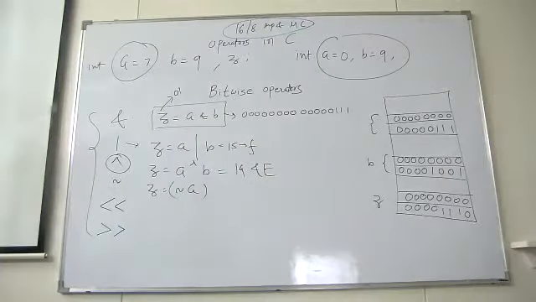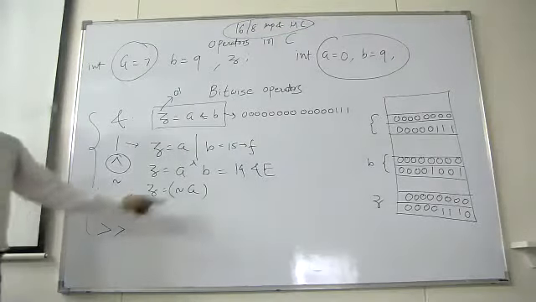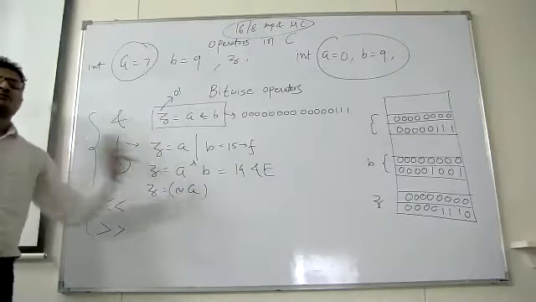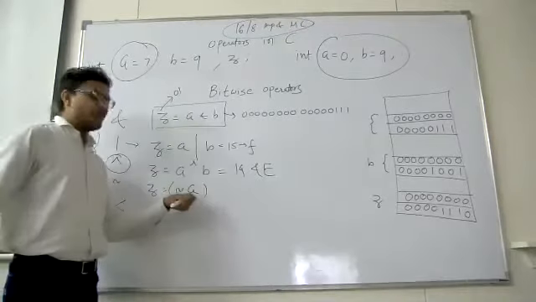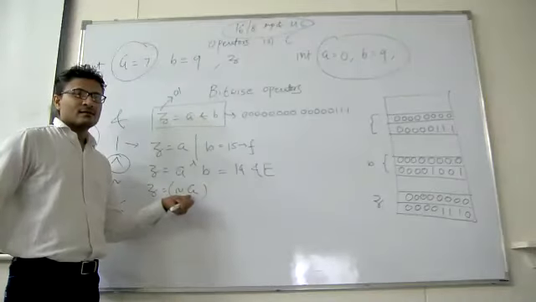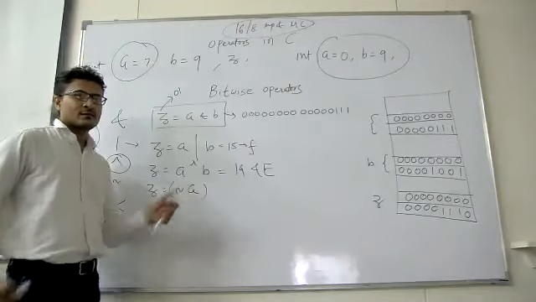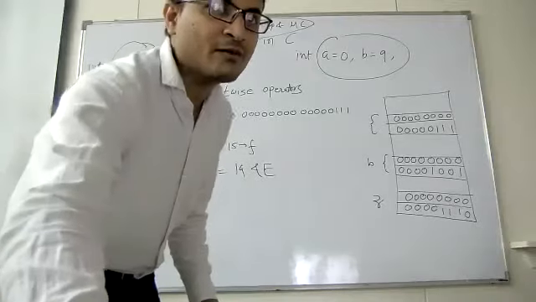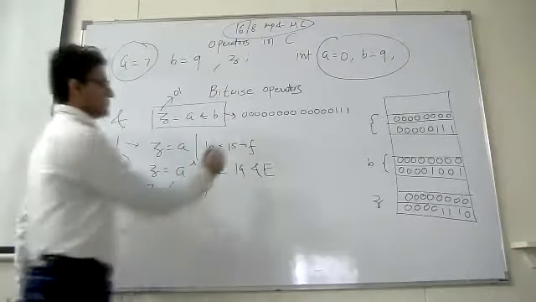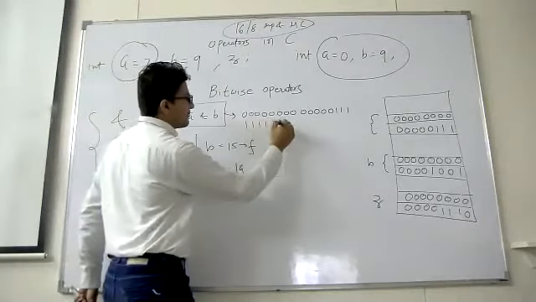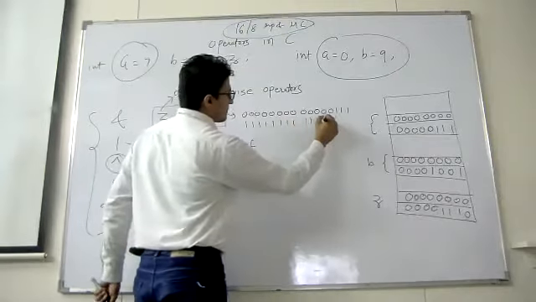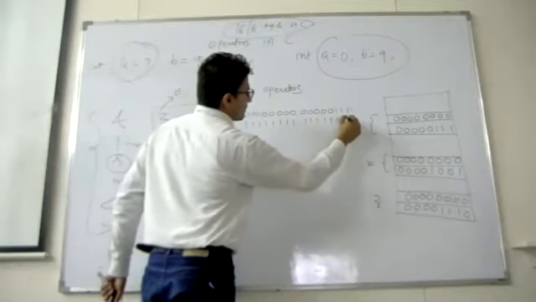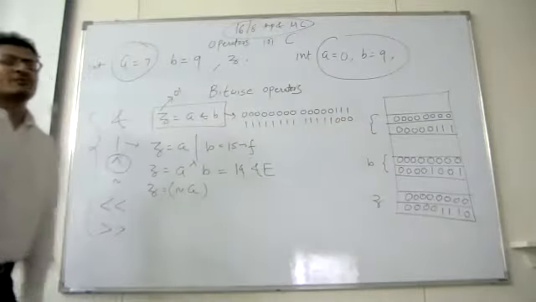It will do the ones complement of A. So the answer would be 1111 1111 1111 1000.